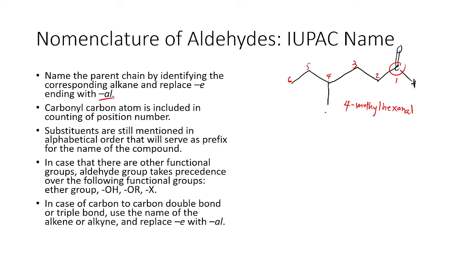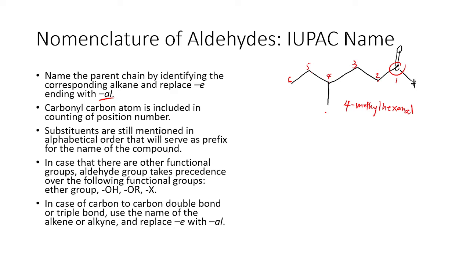So, for example, and in case that there are other functional groups, by functional groups, hindi lang aldehyde yung nasa compound natin, meron tayong OH or yung ating ether group, meron tayong OR yung ating alkoxide, and also our X or yung ating mga halogens, mas papaboran natin yung pagpapangalan ng al kaysa sa ol, kaysa sa oxo, kaysa sa ating yung chloro or benzene. Okay? So that is our the naming for the IUPAC.